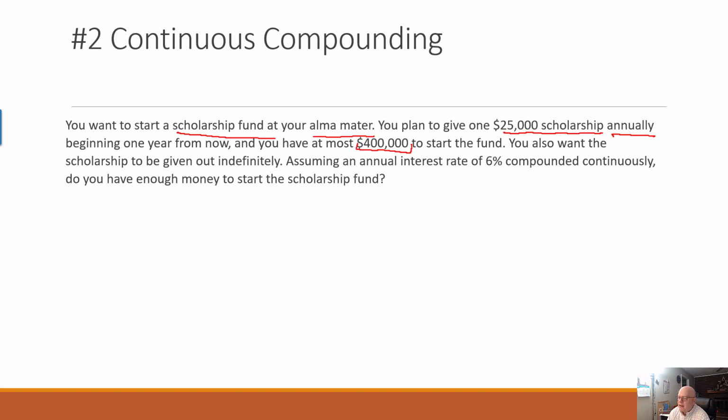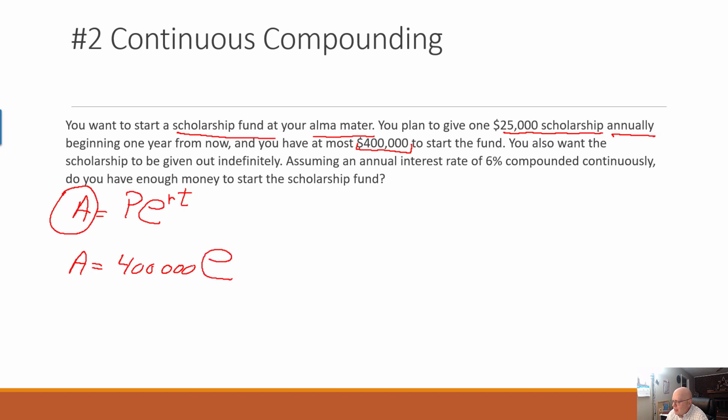Well, right off the bat, let's get this formula. I think I mentioned it in class before. Here it is. A equals, this is the amount that you have after a certain time, P e to the RT. And there's your formula for the amount, not the interest, just the amount. Now, what you're going to do is take A equals, and we're going to check and see whether this $400,000 is enough. 400,000 is the principal or present value.